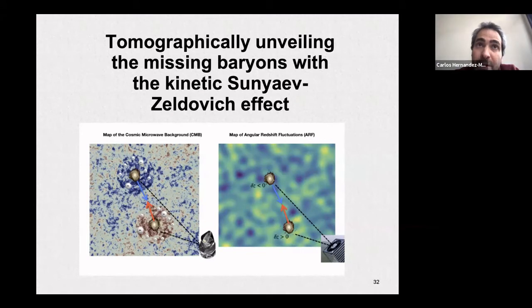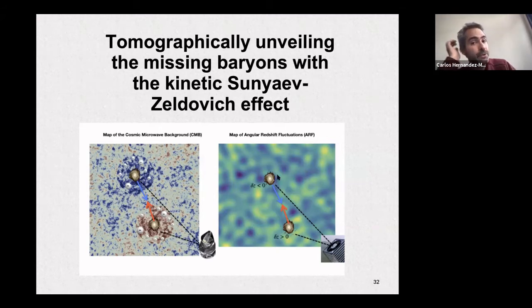Because we're doing tomography, every angular redshift fluctuation map is built upon a given central redshift and under a given Gaussian of a given width. So for every central redshift, you can build a map of the radial peculiar velocity under that Gaussian redshift shell. And this is depicted in the right panel.